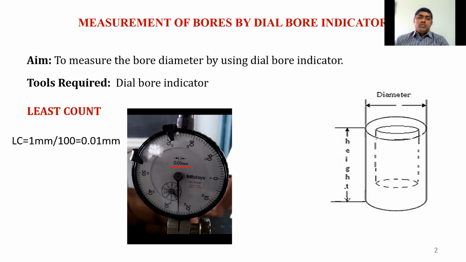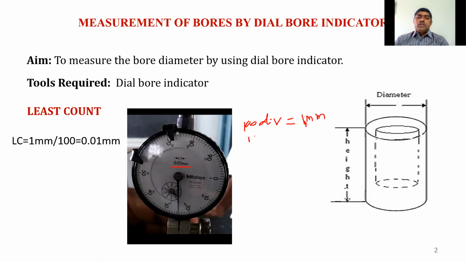Suppose the large hand moves through 10 divisions. What is the total distance measured? For 100 divisions, the small hand shows 1 mm.